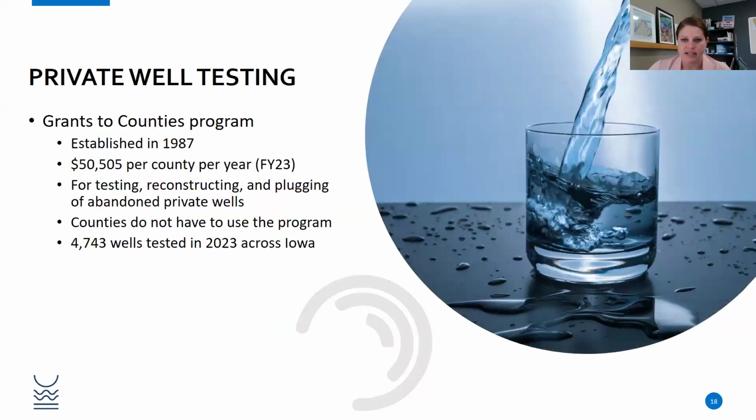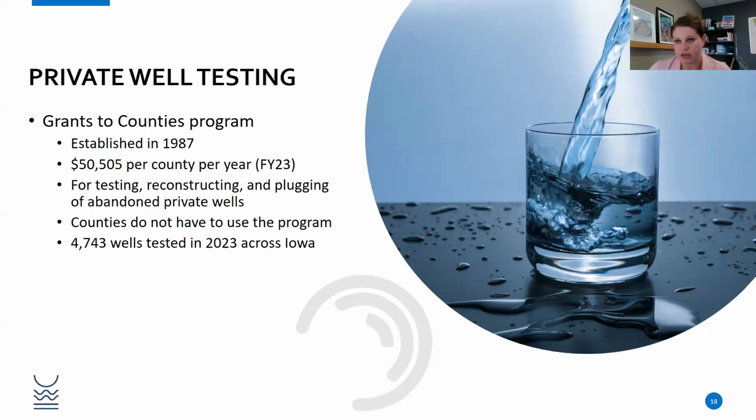The private well testing was created out of the Grants to Counties program, as I mentioned. And so that program provides money for testing of private wells, as well as reconstructing them, or if they find deficiencies in the wells, and then plugging them. But it does not provide funding for drinking water mitigation.